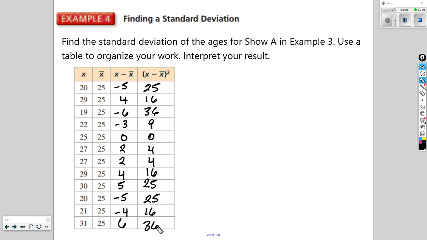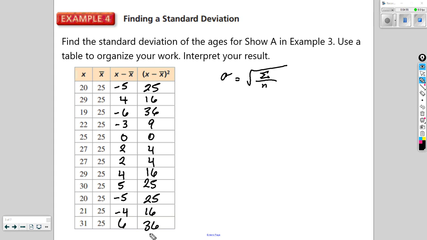All right, now we're going to use a little bit of the equation here. In the equation, basically what we have is the square root of the sum of all those squared deviations, and I'm using this symbol for the sum, divided by n.